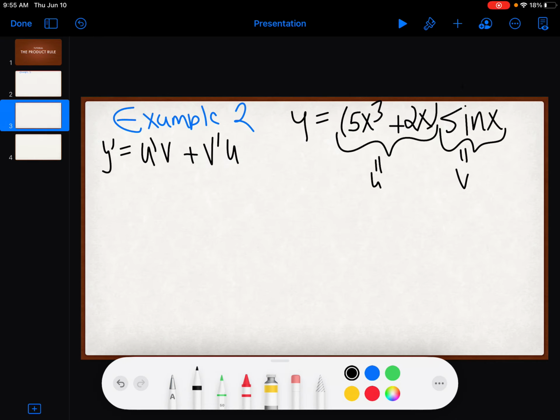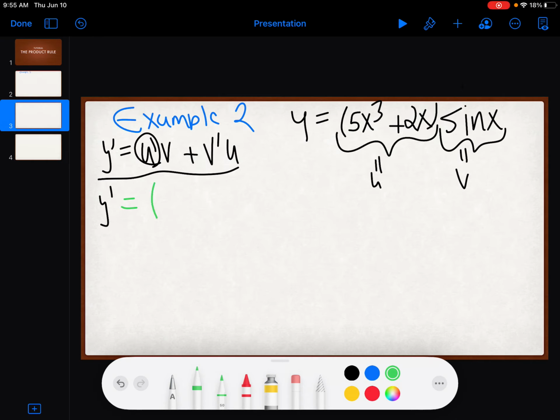So let's do as the product rule says. Let's just follow the instructions. So what does it say to do first? Well, it says take the derivative of u. So what is u? Well, u is 5x cubed plus 2x. What would the derivative of that be?